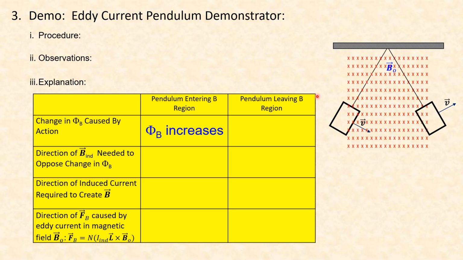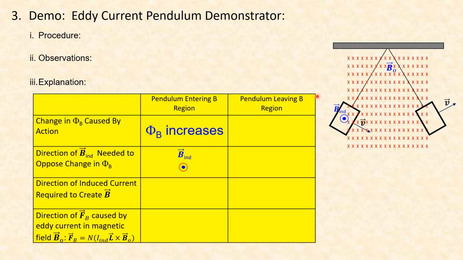According to Lenz's law, the direction of the induced current and induced magnetic field will be such as to oppose the change in flux. Because the magnetic flux increases, the direction of the induced magnetic field in that region will be opposite the direction of the original magnetic field. So if the original magnetic field is pointing into the plane of your computer screen, the induced magnetic field would be pointing out of the plane.